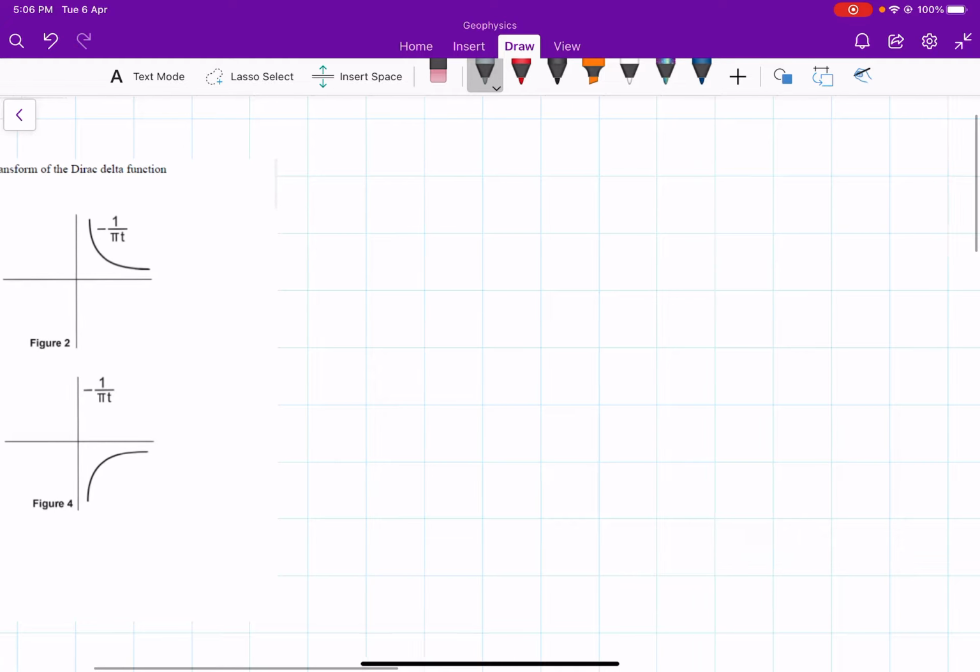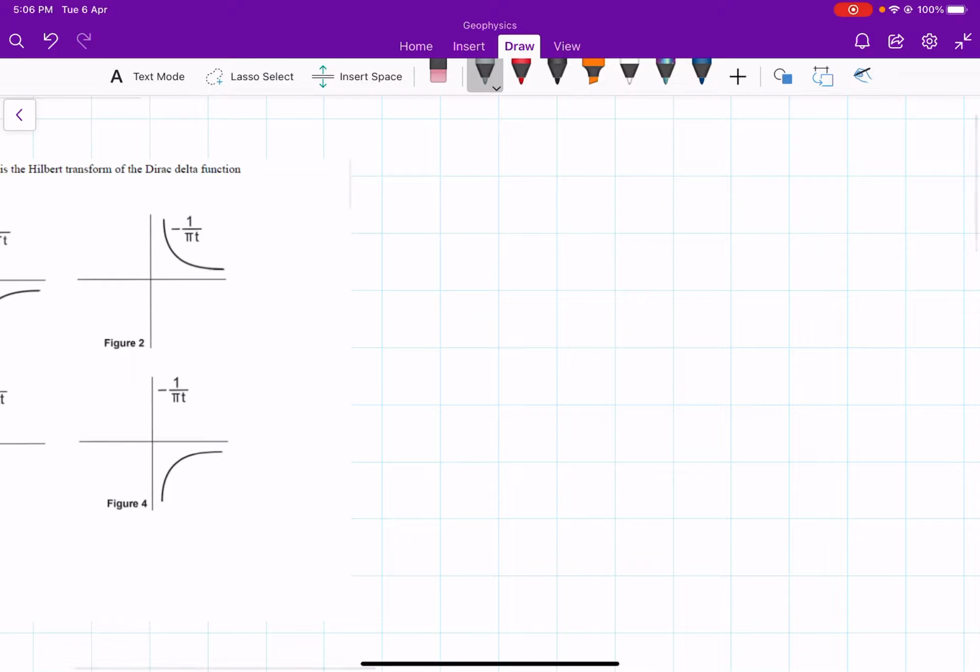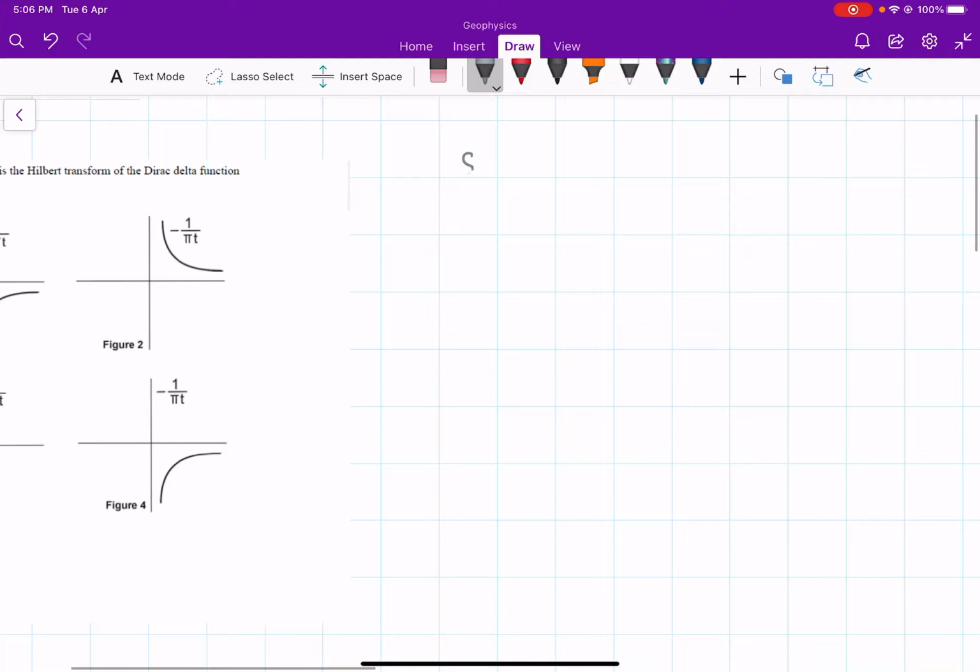First we will understand what the Dirac delta function is. The Dirac delta function is denoted by δ(x) and is defined as 0 if x is not equal to 0, and infinite if x is equal to 0.